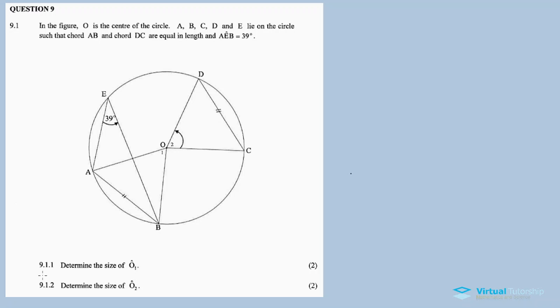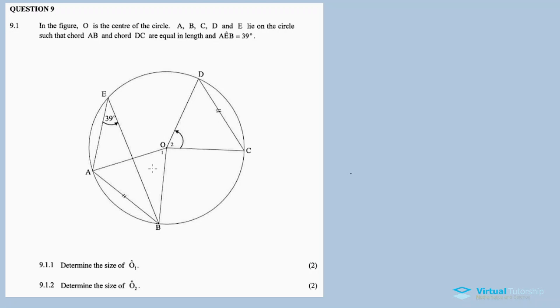Because in 9.1.1 they say determine the size of angle O1. Don't mistake A, E, B, and O as a bow tie.